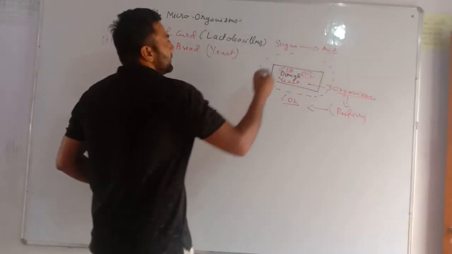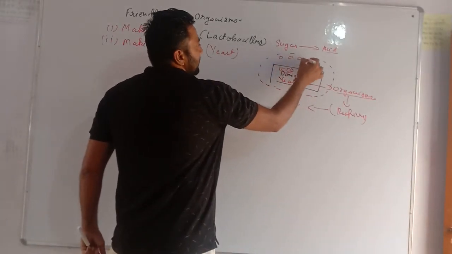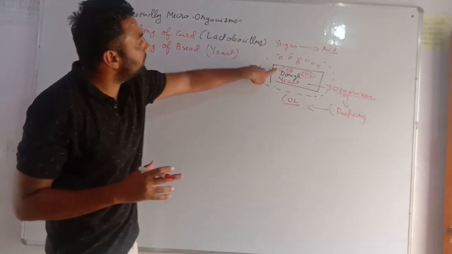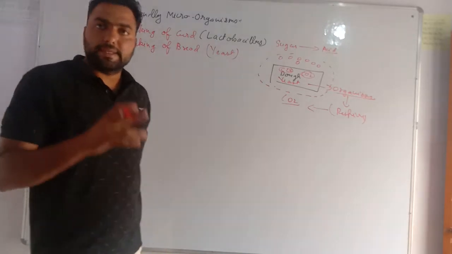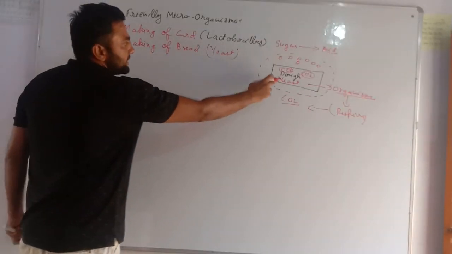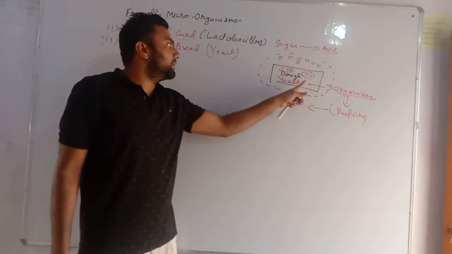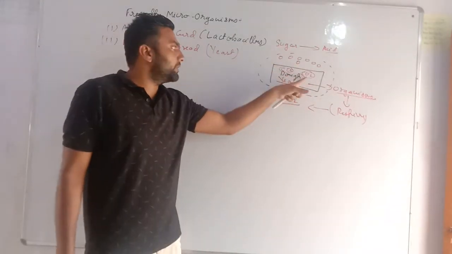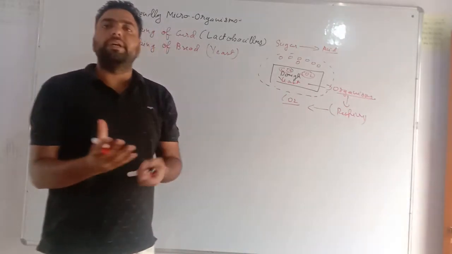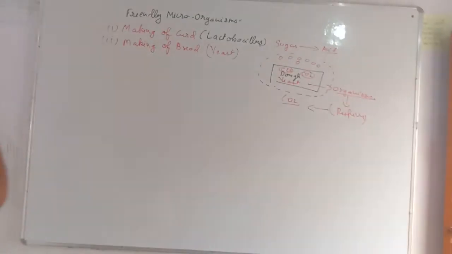You might have seen many holes in bread and pastries. Those holes are the places from which the carbon dioxide has escaped. This is how bread is made: yeast is added to dough, and it respires and gives out carbon dioxide. Due to that carbon dioxide, the volume of the dough increases and it becomes fluffy.